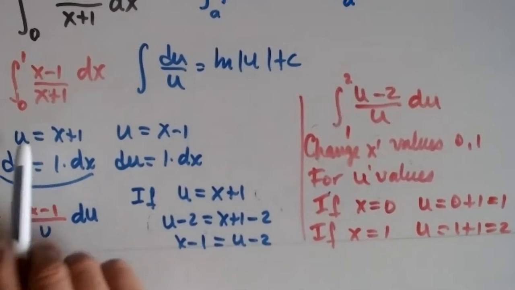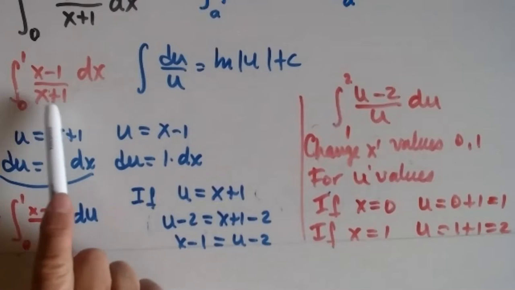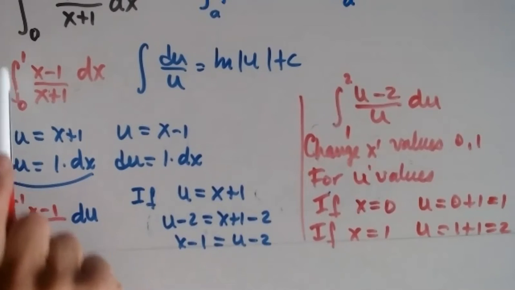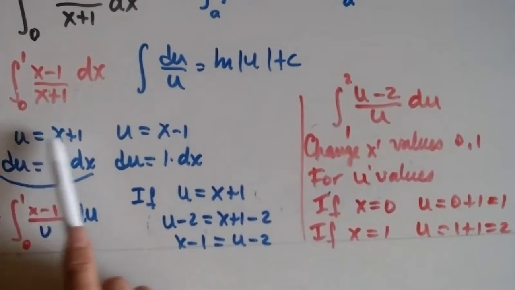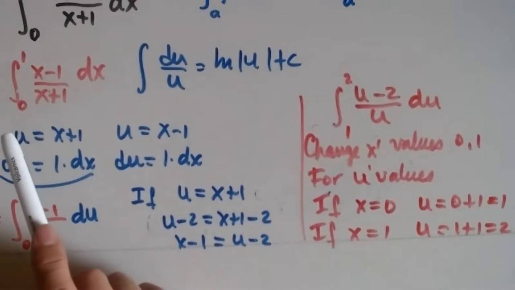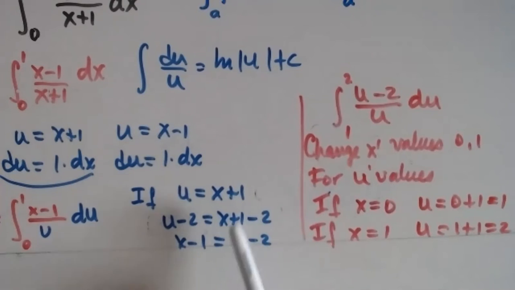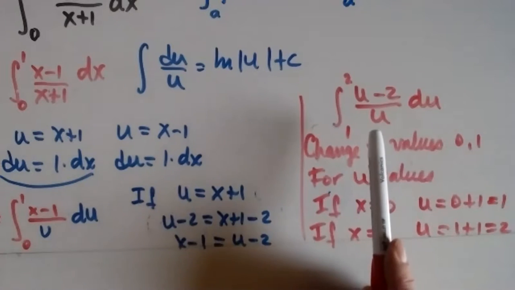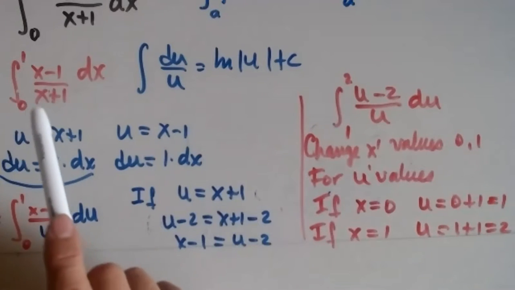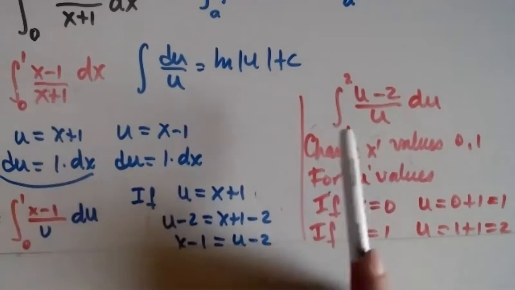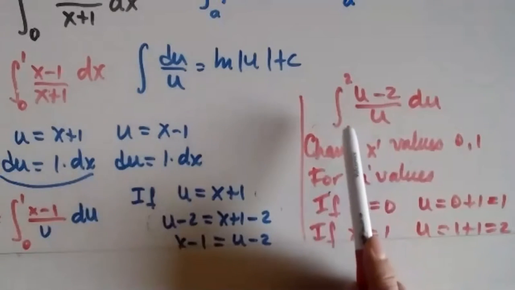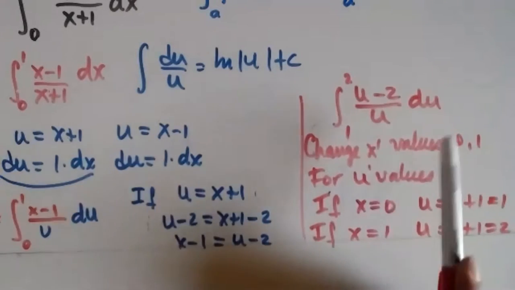You have this integral in x, so these 0 and 1 are x values. You change your variable to a new one, u. Once you change all the x's to u's, you also have to change the x numbers 0 and 1, because these are x's. You have u's here, so you have to change these numbers into u values.